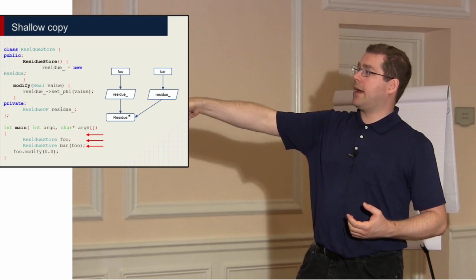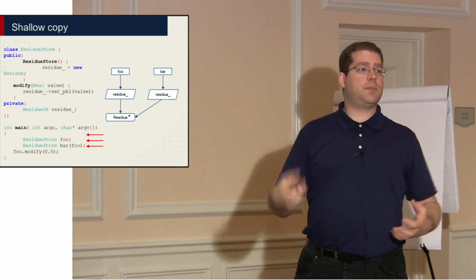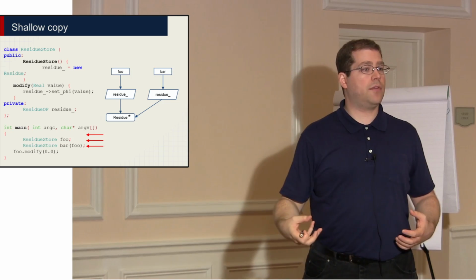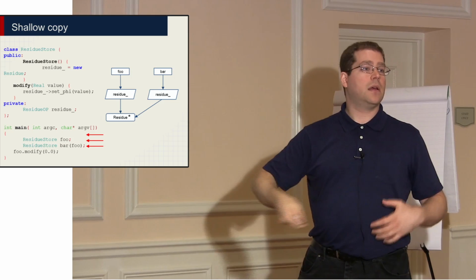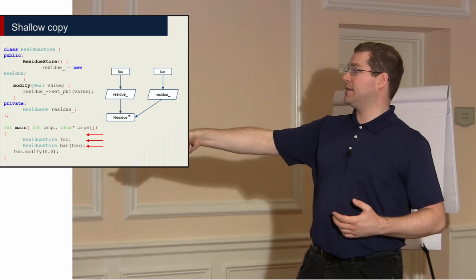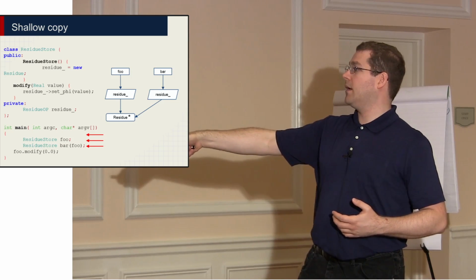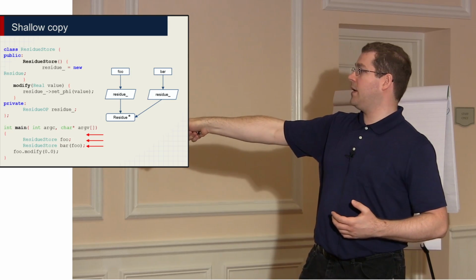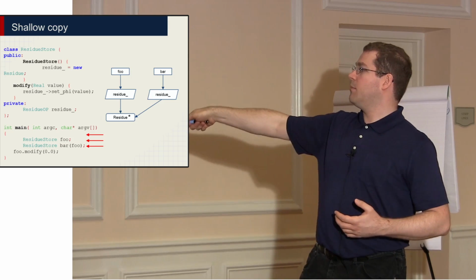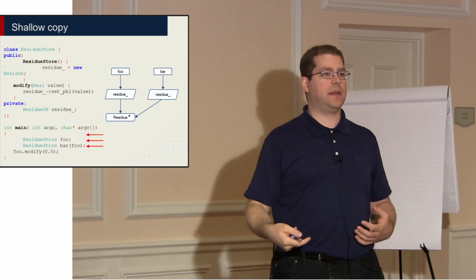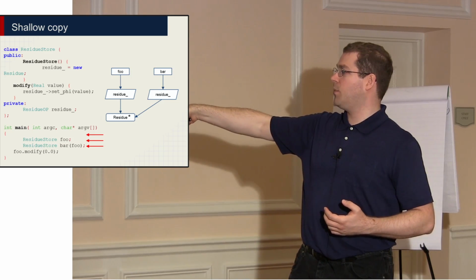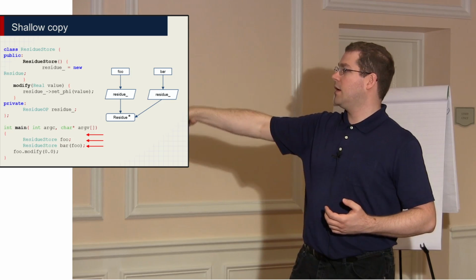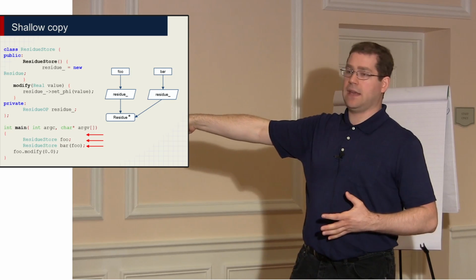Since we didn't specify a copy constructor here, the C++ compiler will make a default one for us that will simply copy the private member data. It does a very simple copy, and it basically copies the residueOP. So the residueOP gets copied, but what it's pointing to doesn't get copied. Now foo contains the residueOP variable, pointing to a residue that's on the heap.